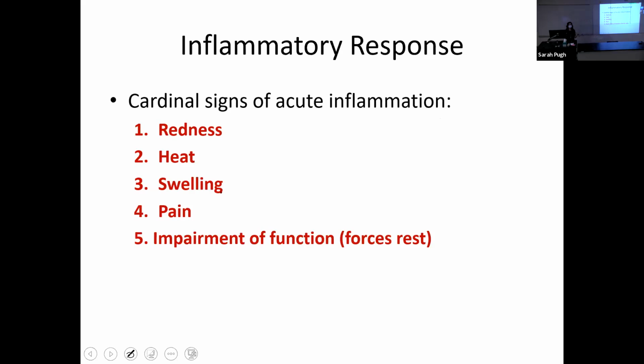The tissues are going to start to increase their fluid, so they're going to start to swell, and swelling is going to push on nerves, and that is going to cause pain. Now the pain is actually kind of a good thing because it causes you to not move that area. It forces you to rest, and that helps with healing. So all of these steps go together.